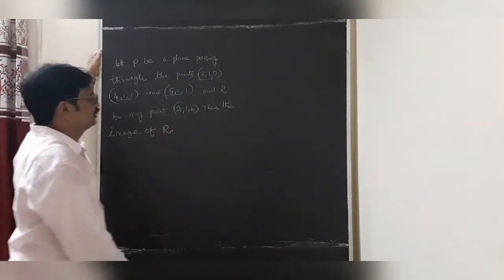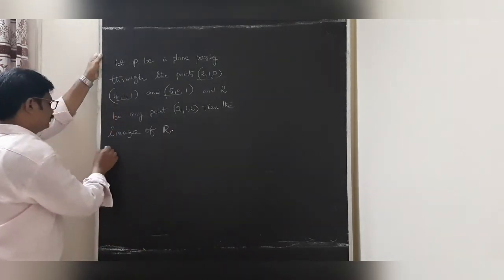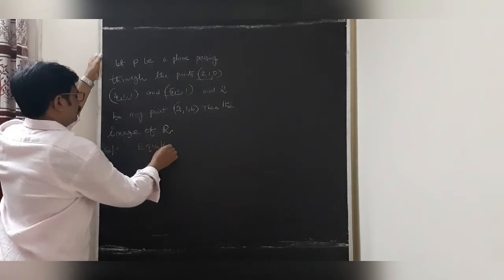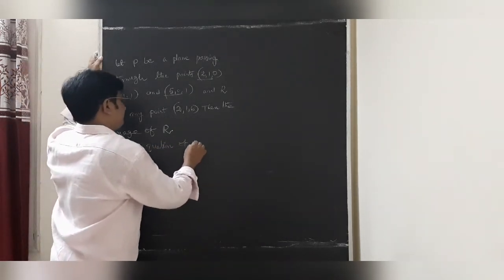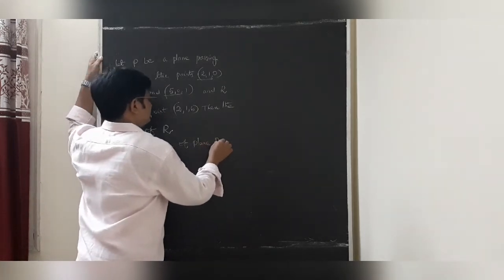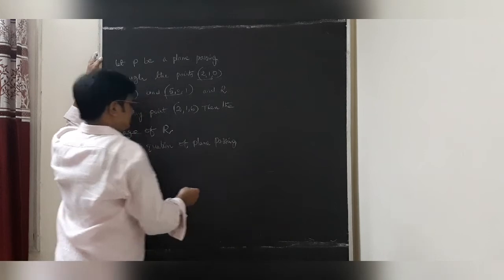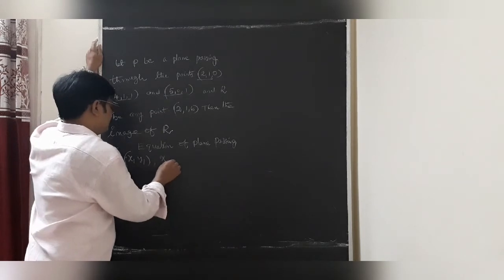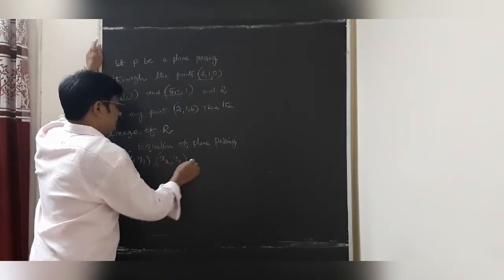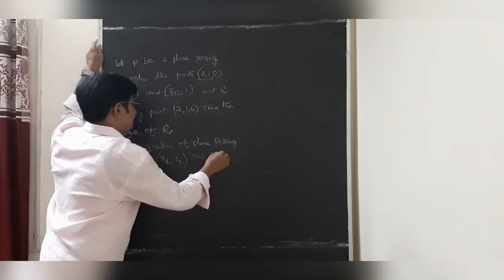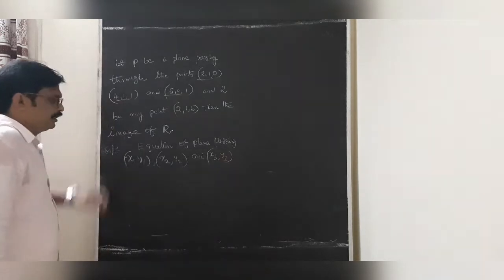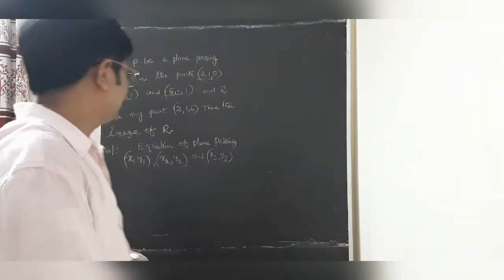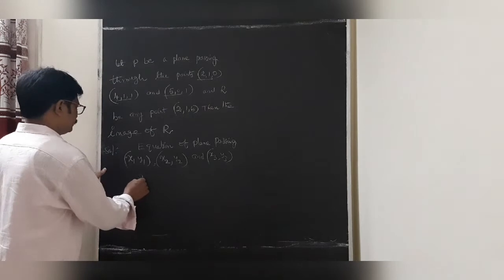We know the equation of the plane passing through the points x1, y1, z1, x2, y2, z2 and x3, y3, z3 is, what, students?